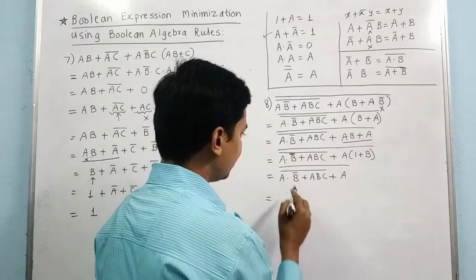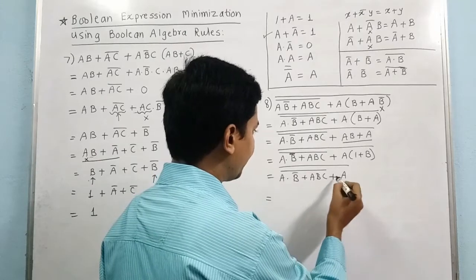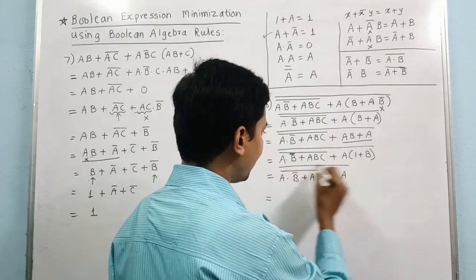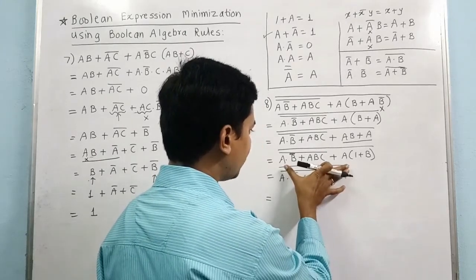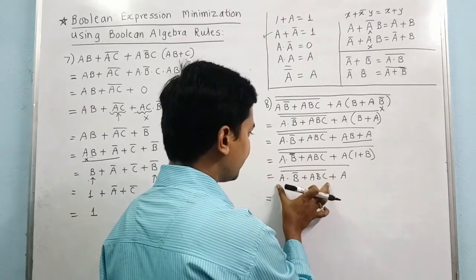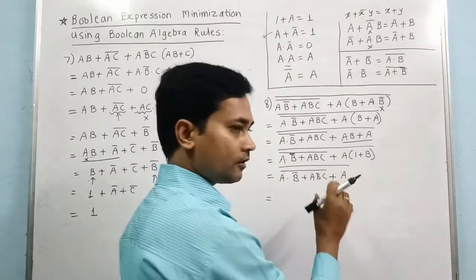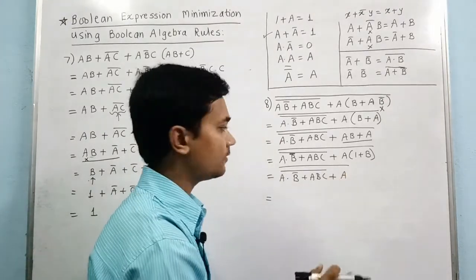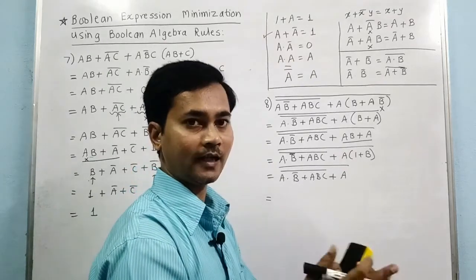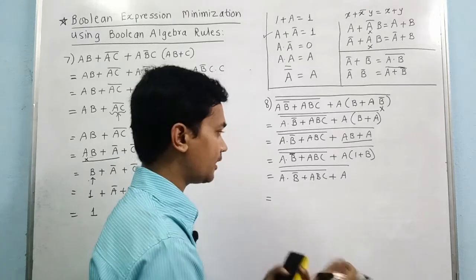So next, now here we can separate out this whole bar, or I want to divide this whole bar into separate bars to the first and second term and this third term. Okay, so I will use the duality rule. Duality rule means I want to convert plus to dot and dot to plus by giving bars separately to each term.